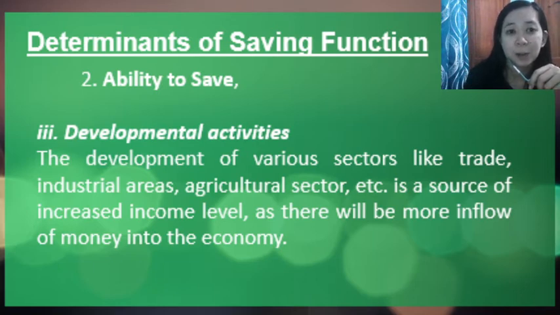These are the source of increased income level, as there will be more inflow of money into the economy. Of course, if we see that these sectors are thriving, it means there is more source of income flowing to the individuals who are engaged and even to the national income.